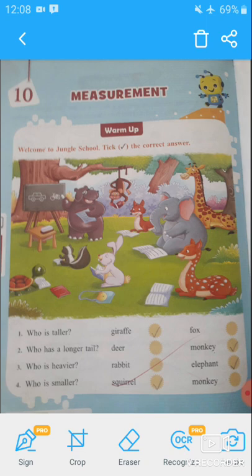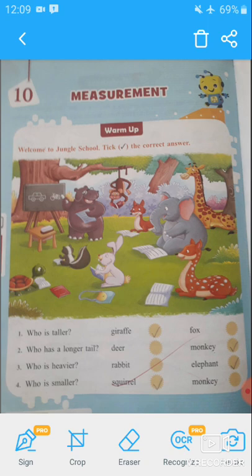So, my dear students, as you know, in your previous class you had already learned about the concept of measurement and the words that are used to measure anything.